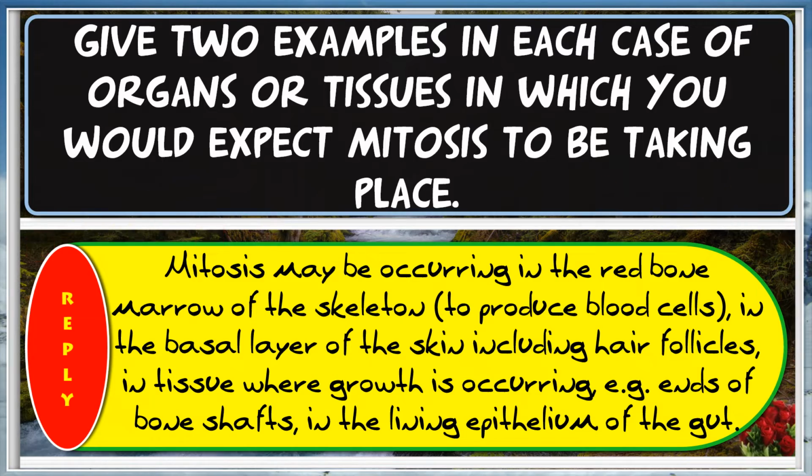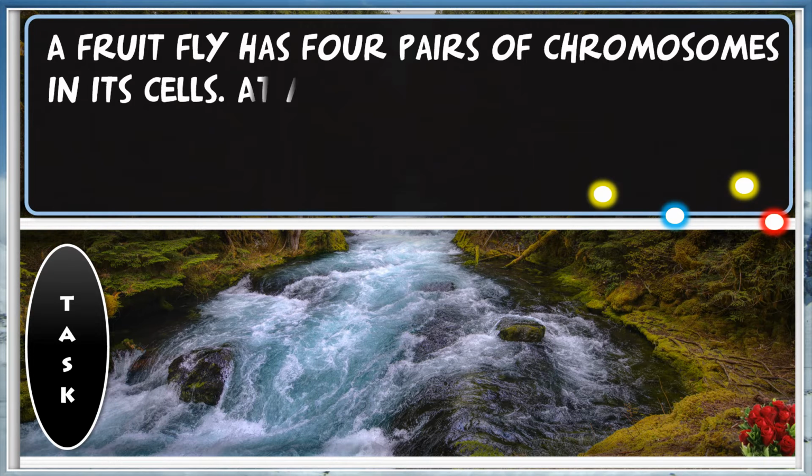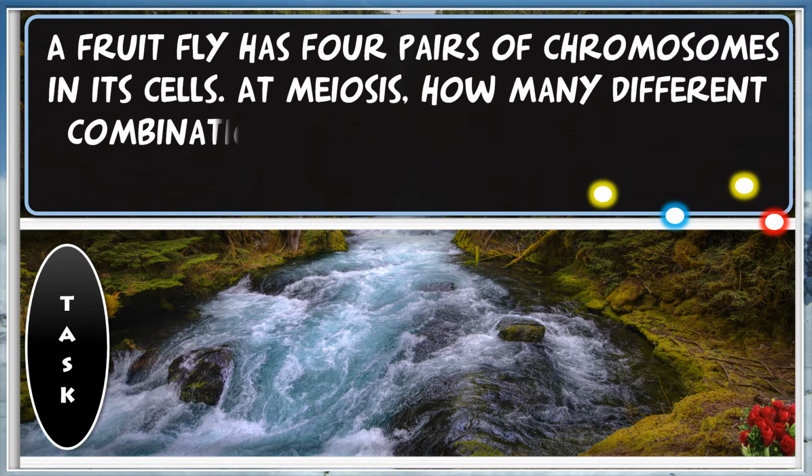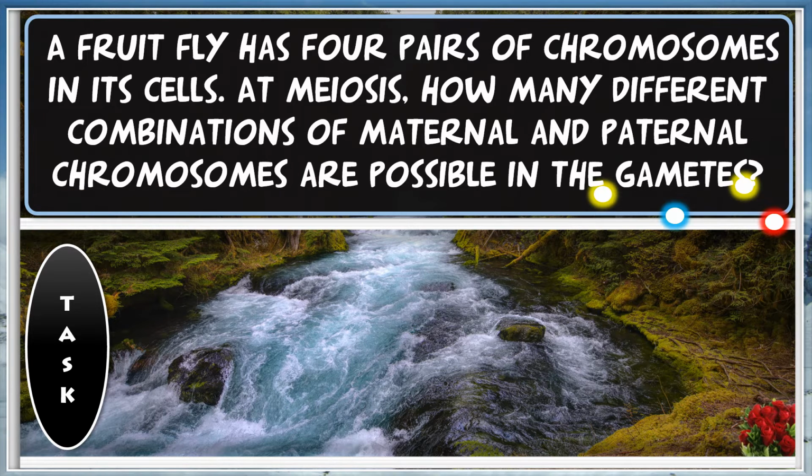A fruit fly has 4 pairs of chromosomes in each cell nuclei. At meiosis, how many different combinations of maternal and paternal chromosomes are possible in the gametes?